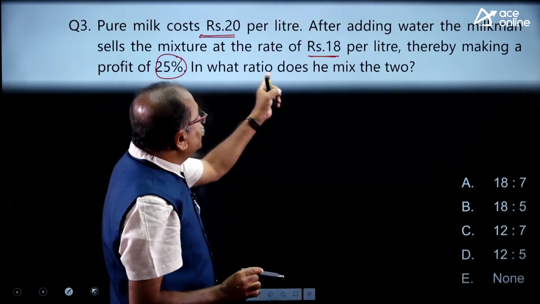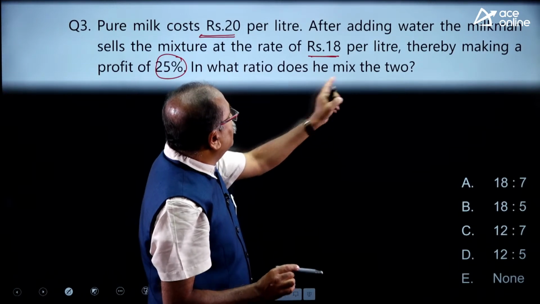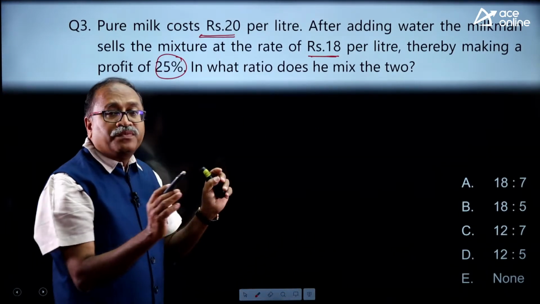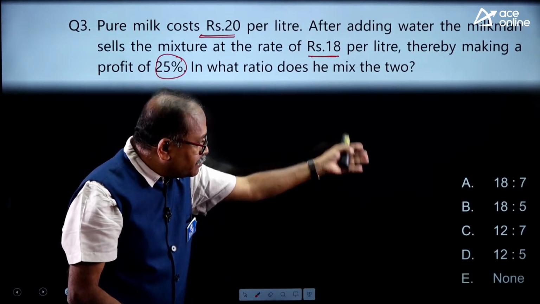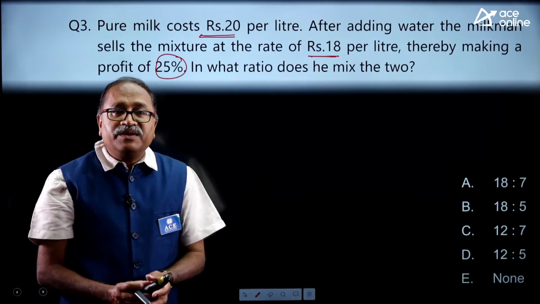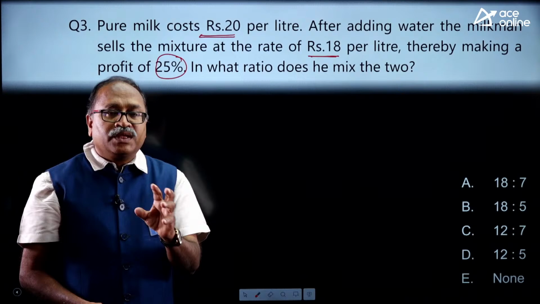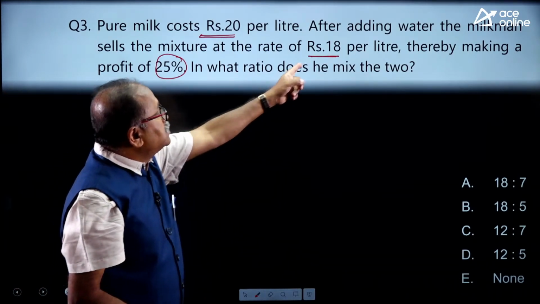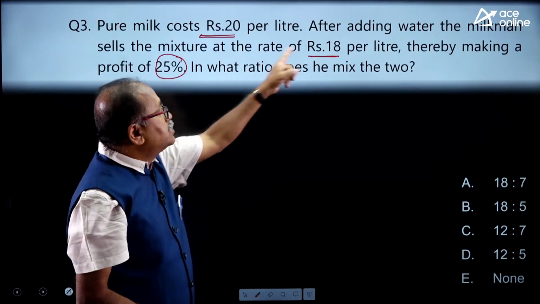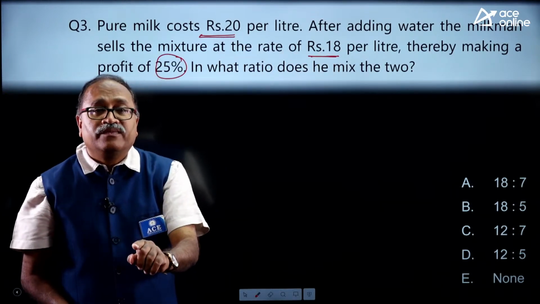So in which ratio did he mix the two? And you have the options here. It's a very basic and fundamental question and very frequently asked in examinations. Because I have the selling price and the profit percentage, you can find out the cost price.